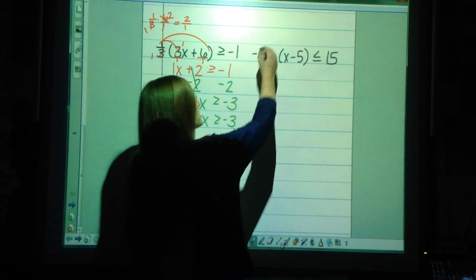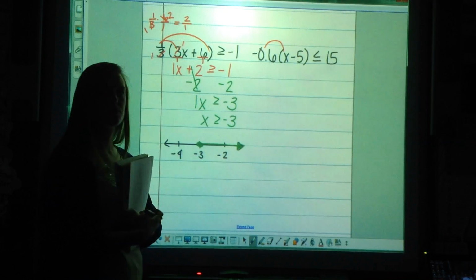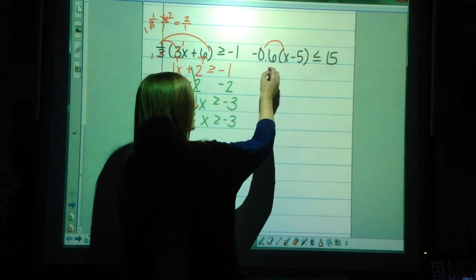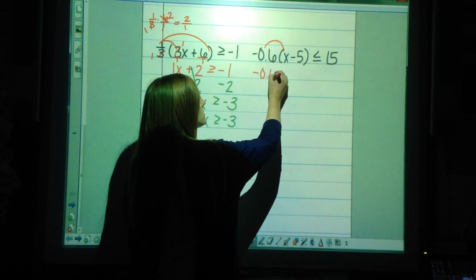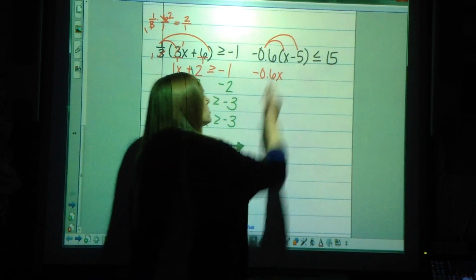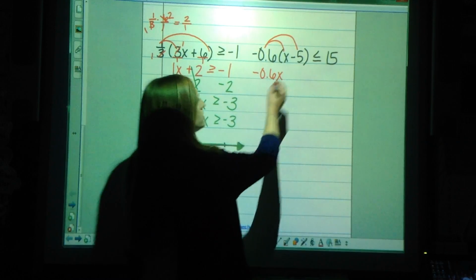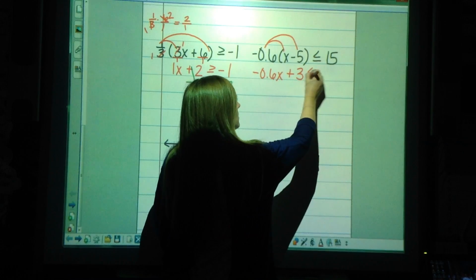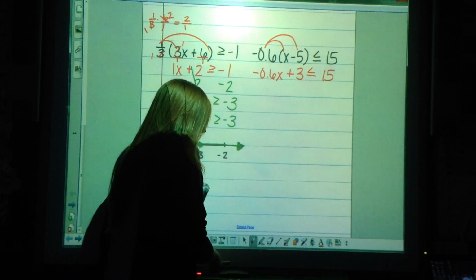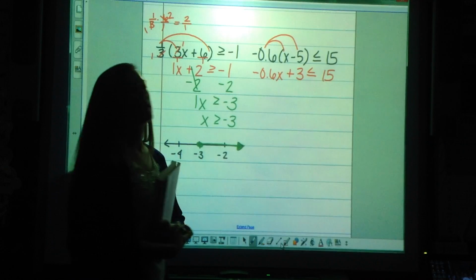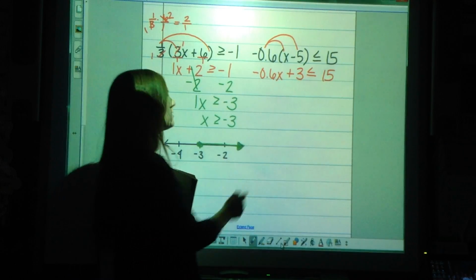Your first step is to distribute the -0.6 to both the 1x and the -5. So I get -0.6x. -0.6 times -5 is a +3. Now we bring that non-variable term over, that 3.